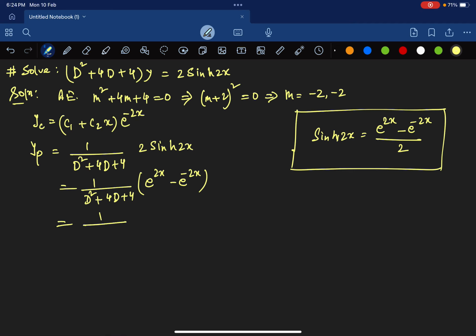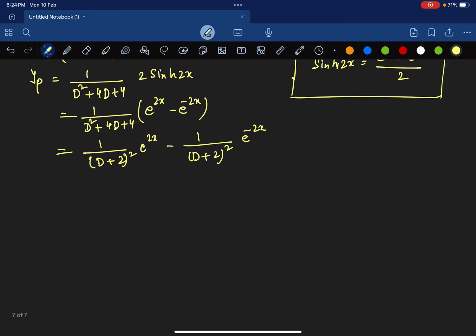Now see, next step, this d square plus 4d plus 4 can be written as d plus 2 whole square, just for simplification of this solution, minus 1 by d plus 2 square e power minus 2x. Now see, as per that previous formula, what you have in this first term, d plus 2 whole square e power 2x. So in place of d, if you put 2, obviously you are getting a non-zero term here. So 1 by 2 plus 2 square e power 2x. Whereas in this next term, if you put d equals to minus 2, immediately you are getting 0.